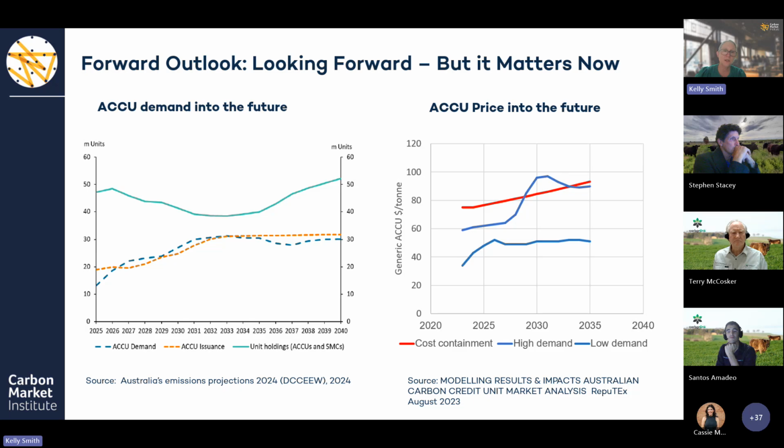And so the next thing I wanted to offer was just a very cautious look forward. If you look at the graph on the left, this comes from DCCEEW, and the dotted lines there can be read as a supply and demand curve, where the blue dotted line is demand, and the yellow or orange dotted line is supply. You can see that supply and demand are reasonably well balanced across time, but in 2030 or 2031, there does appear to be a small supply shortfall.